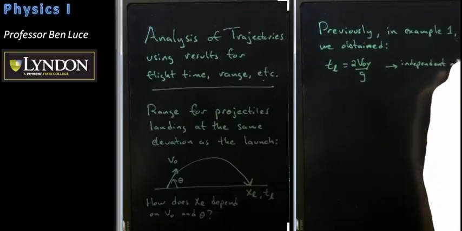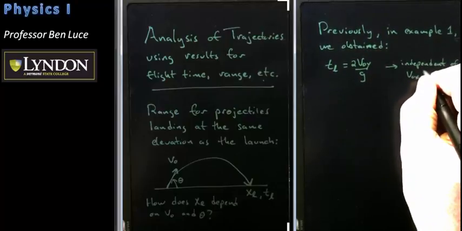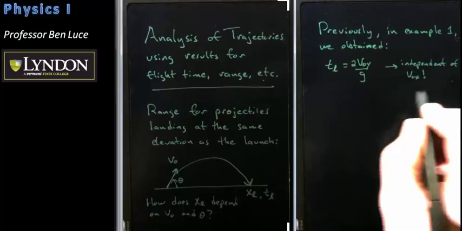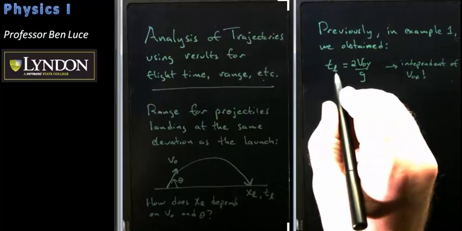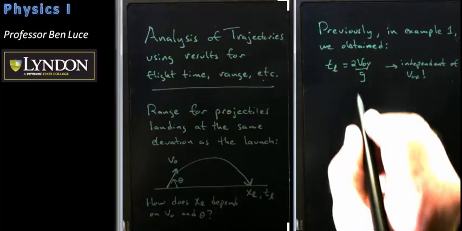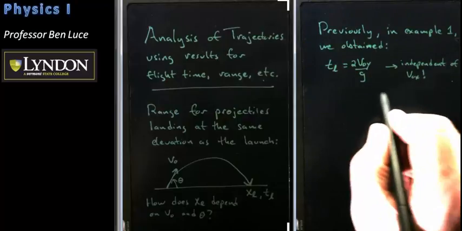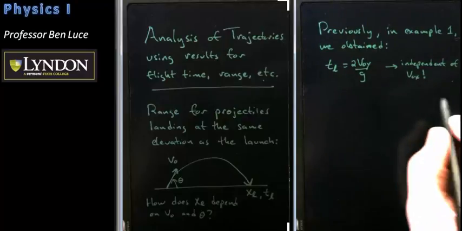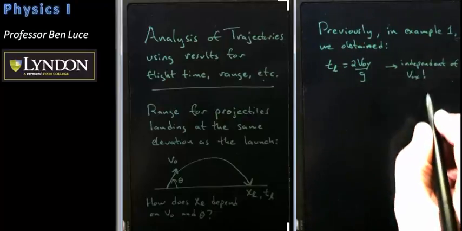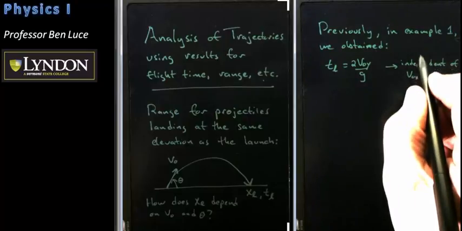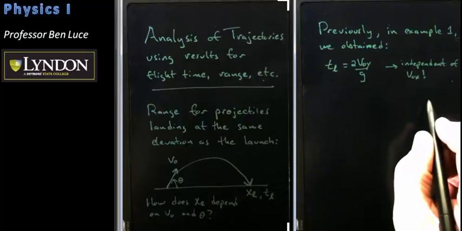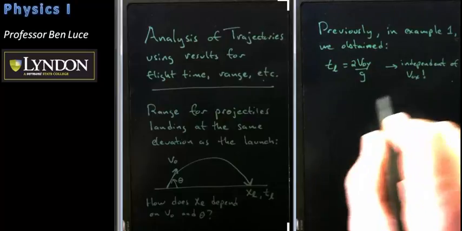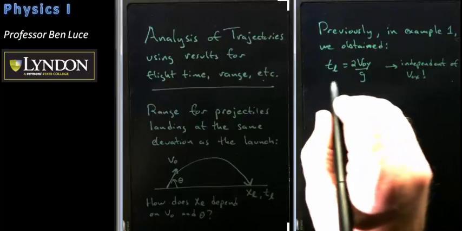That is, this is independent of V0x. It doesn't matter how fast the projectile is moving horizontally. The time of flight only depends on how fast it's moving vertically. And that makes sense because the projectile is just drifting to the right at a constant rate as far as the horizontal motion goes, and what determines when it lands is when it comes back to y equals 0. It doesn't matter what x is. So it could go straight up and down, or move just a little to the right as it goes, or go far to the right. We would get the same landing time.